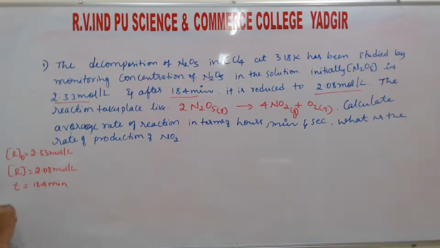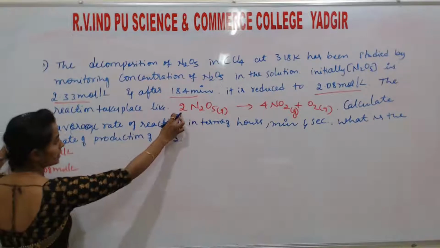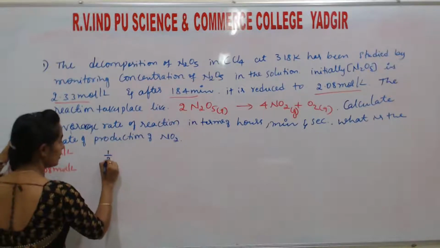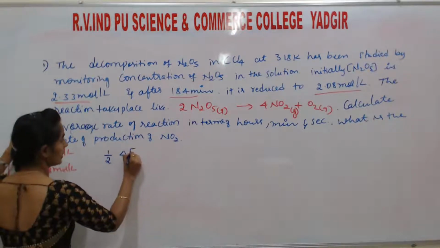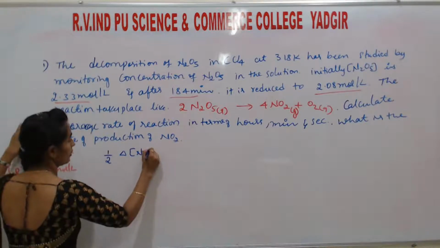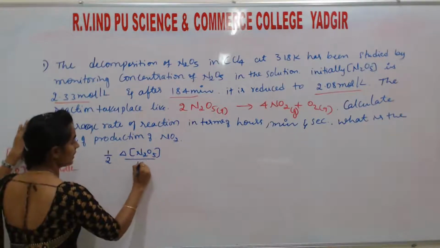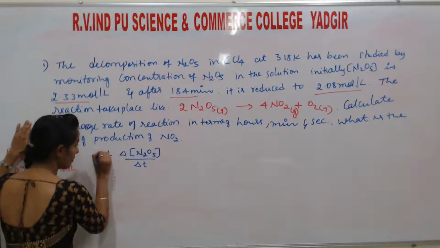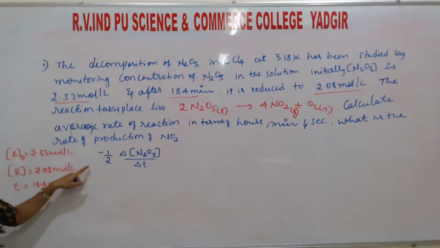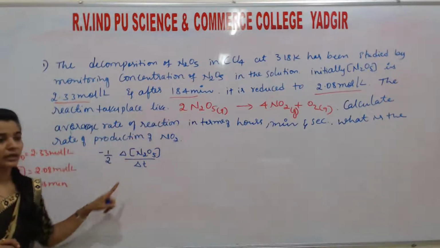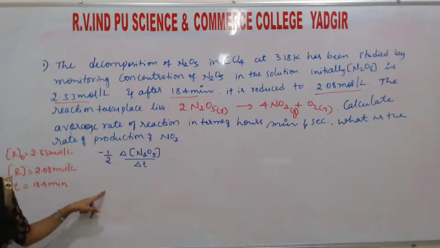So average rate of reaction is equal to, if you write this students, 1 by 2 delta N2O5 divided by delta T. This will be minus. Why? Because this N2O5 is a reactant. Understand?